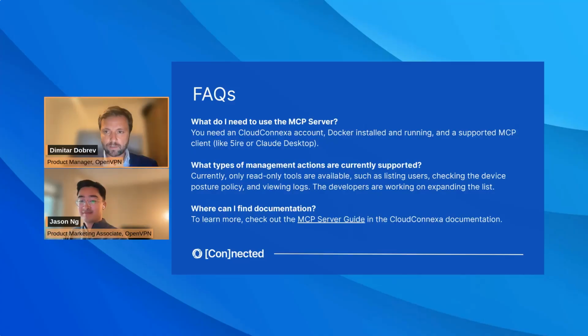So yes, it will be sent as is, but there is the interpretation of the LLM model that will decide how your question is translated, because the MCP server receives tool calls or invocations. It doesn't receive your question as is.